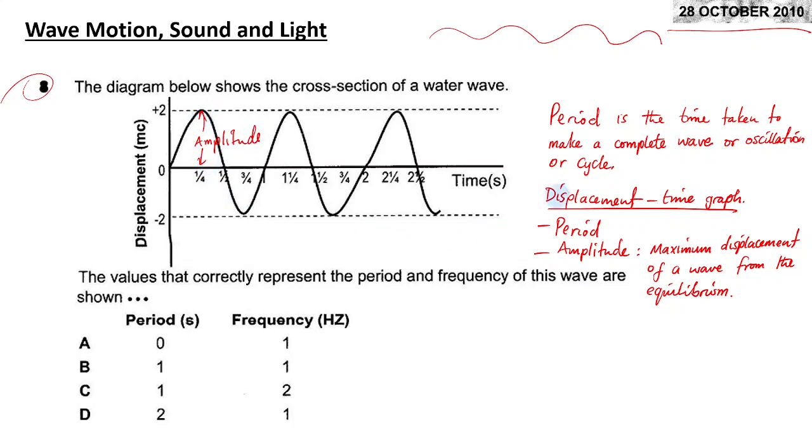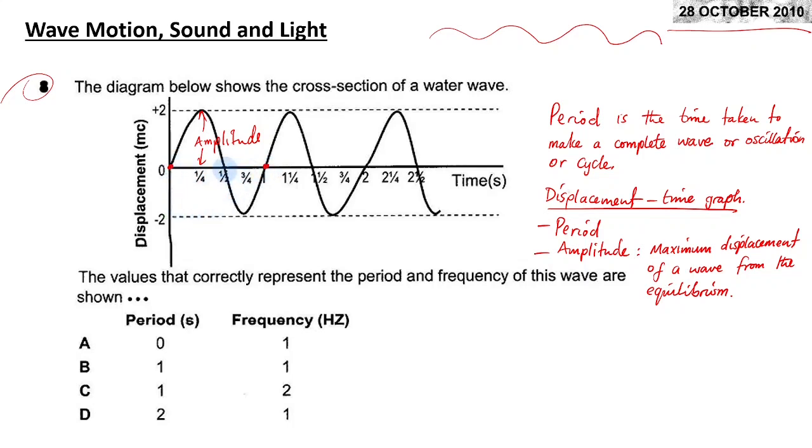Then time period I'm saying is the time taken to make a complete wave or oscillation or cycle. So a complete wave is, let's say if you start from here, then you make a circle like this, then you come here, you have made a complete wave, because if you were to cut this part and bring it here, it will make like a circle.